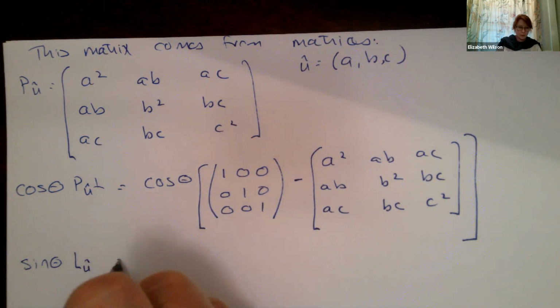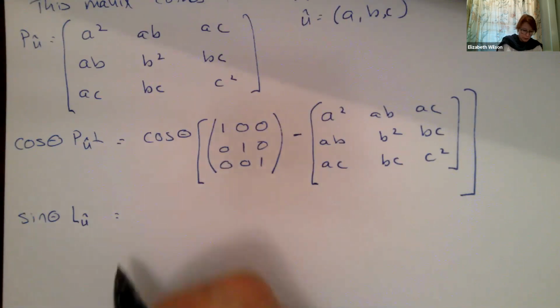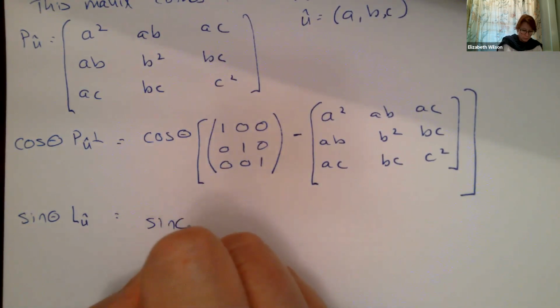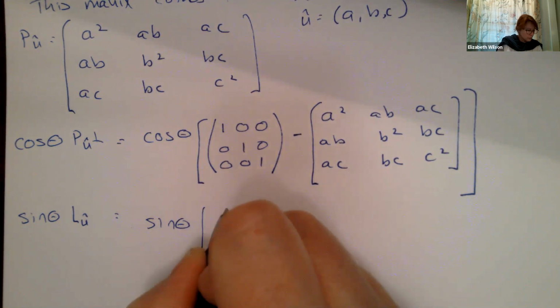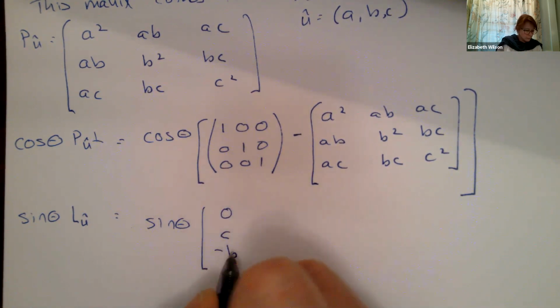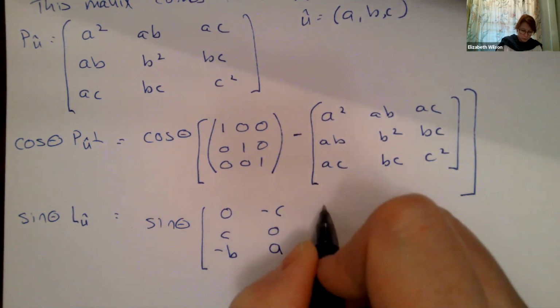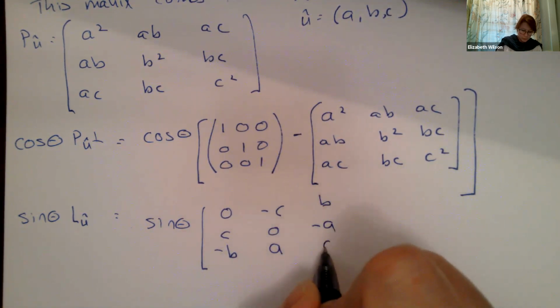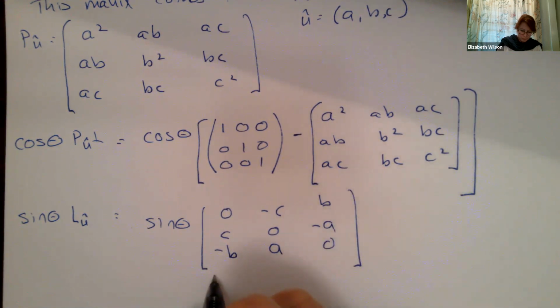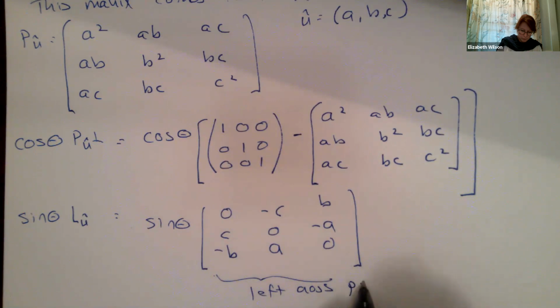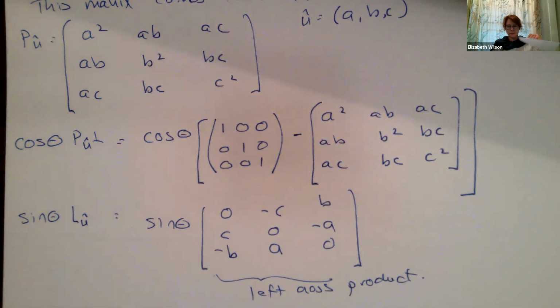Our sine of theta times our left cross product looks like this. So that's where these matrices come from.